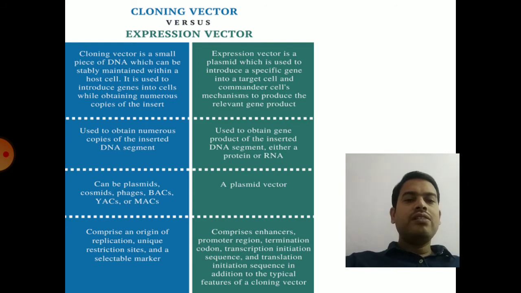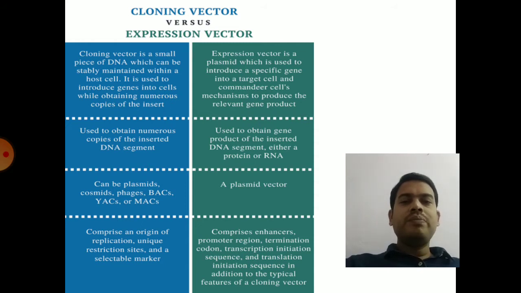So that is called a cloning vector. An expression vector is a vector which carries your foreign DNA and plays an important role in the expression of the foreign DNA. So your foreign DNA gene product will be obtained with the help of the expression vector. So you can see the difference.